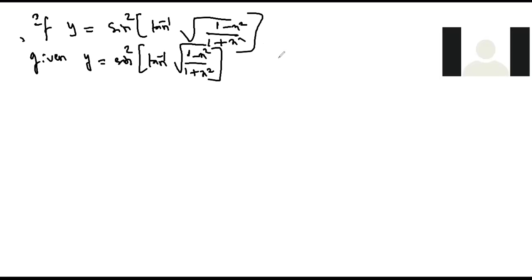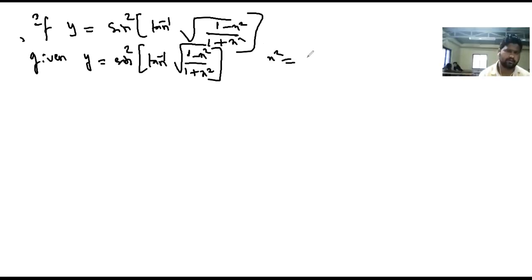Tan or cot? See, we can take x square equal to cos 2 theta. Not tan, x square equal to cos 2 theta.